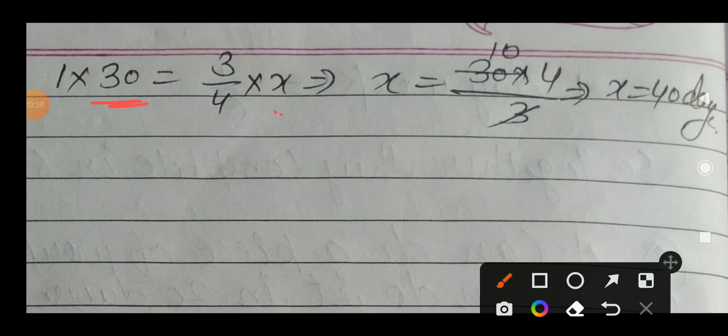Just a minute beta, here something is wrong, just a minute. Student, now you have to solve this question just like that. This is your 30 days. So in 30 days you have to take up one work. So 30 upon one work is equal to x days, and you have to complete the 3/4 part of the work, and then you have to multiply these things with this, and x you have to multiply these things.